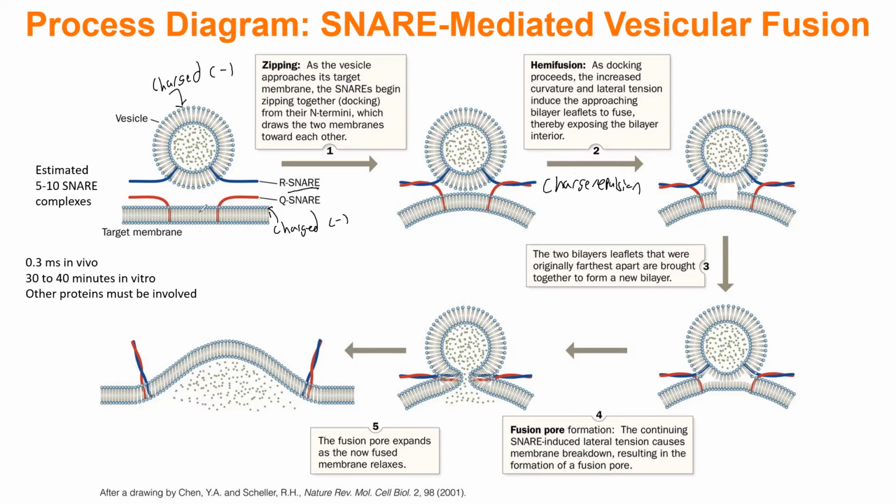The second thing that SNAREs help with is to remove water. Keep in mind, we're in the cell. Between this vesicle and this membrane are tons of water molecules, and if we want fusion to happen, these water molecules have to get out of the way. When we bring the vesicle and the membrane together, we are pushing the water out of the way because we're forcing these things together.